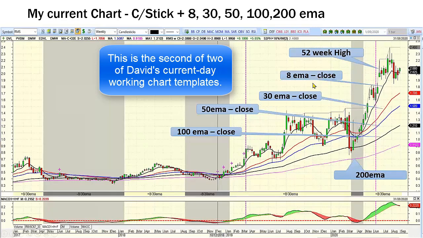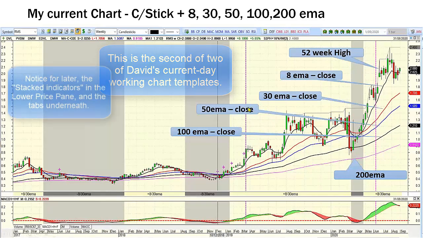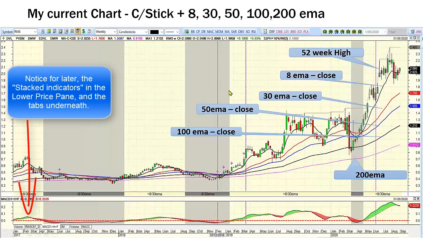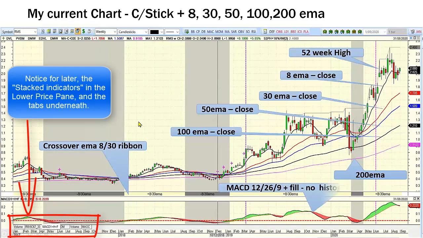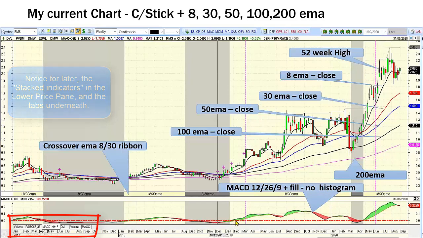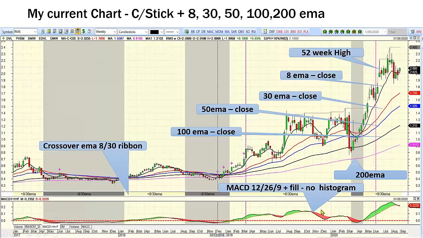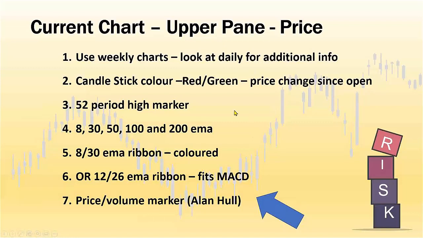With this 8 and 30, there's a fill category in there, and I can simply fill it in if I want to. Sometimes I do, sometimes I don't. Once again, my 8/30 EMA ribbon and my MACD standard plus fill and no histogram. So once again, as I said before, if it's above the zero line, that's positive. If it starts to turn over here, be cautious.